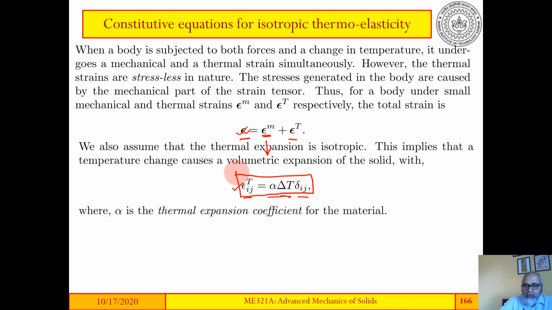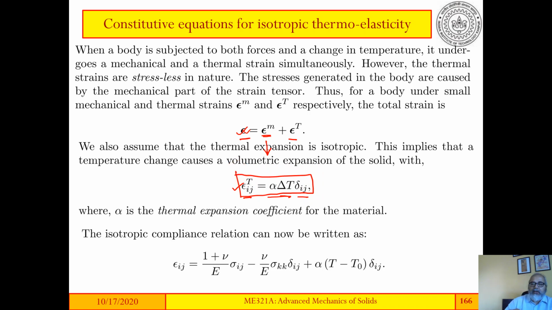So your constitutive equation now becomes this, because this is the part where I have replaced lambda and mu by E and nu again. You can do that yourself and see that this equation is correct.